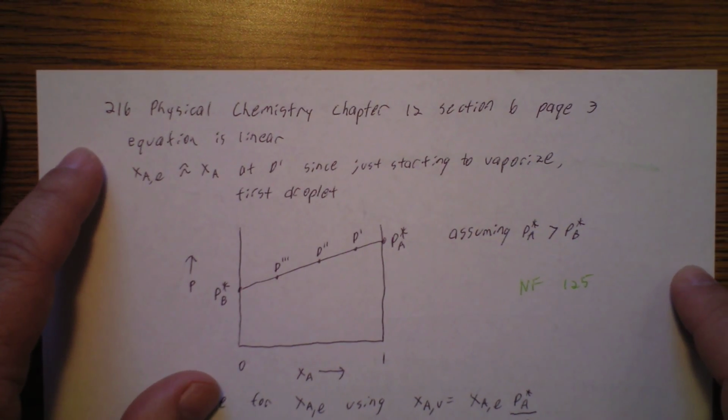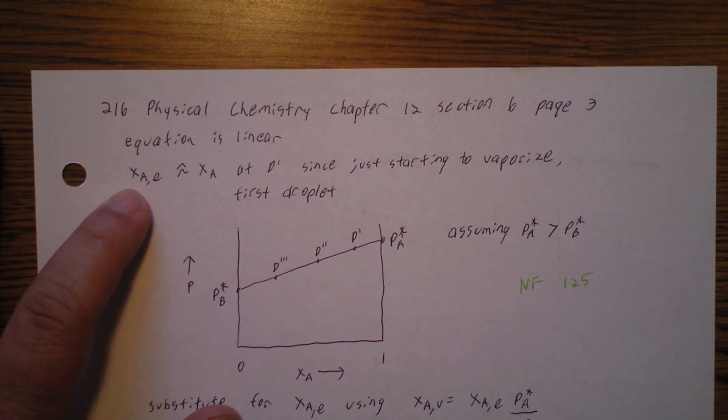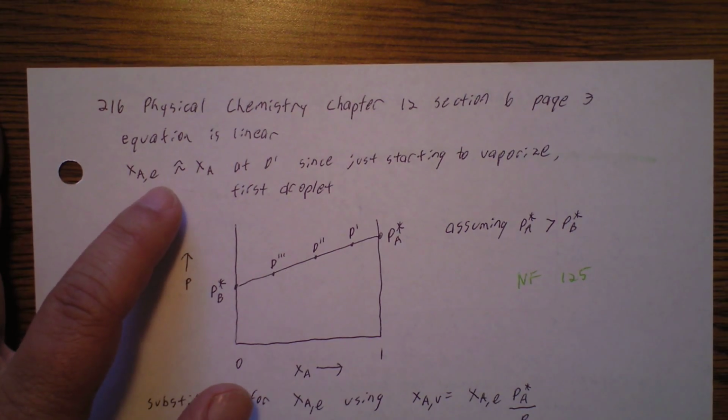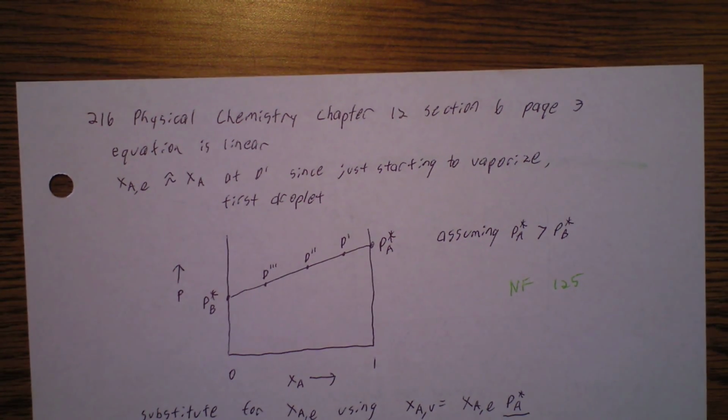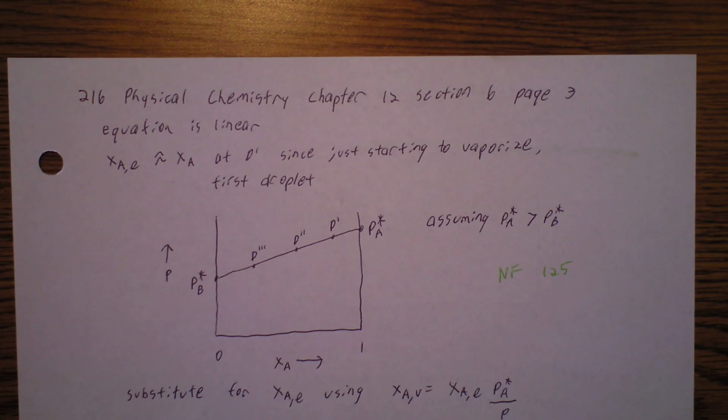Now, like I just said, that equation is linear. It's a line. So we have the mole fraction of A in the liquid phase is roughly equal to the mole fraction of A at D prime, since we're just starting to vaporize it. Pretty much everything is still in the liquid phase. It's the first droplet.